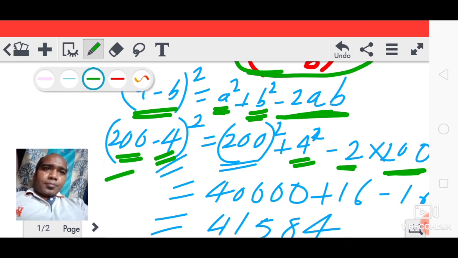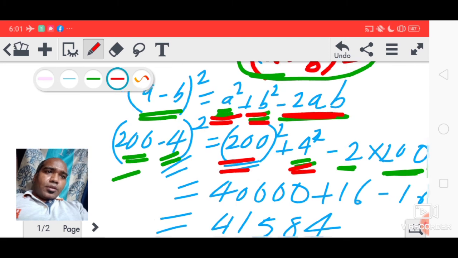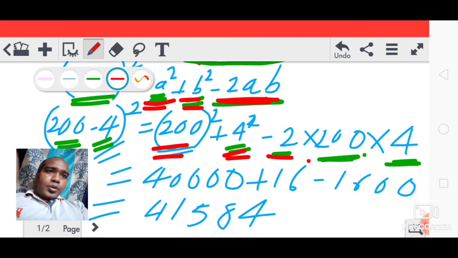This part in the formula we are keeping. A square means 200 square. Plus b square, what is our b here? Our b is 4, so 4 square. Minus 2ab, you can see here minus 2ab. So minus 2 into a, which is 200, and our b is 4, so we have multiplied here 4.